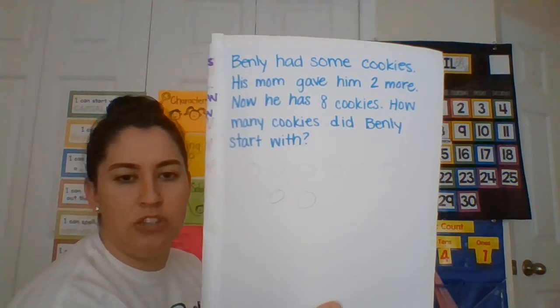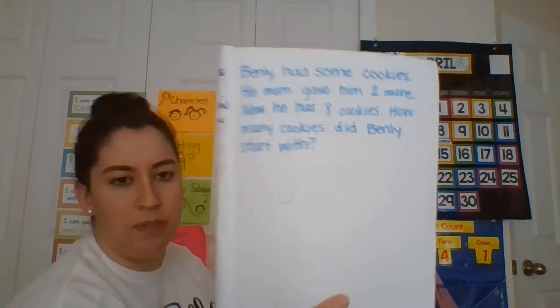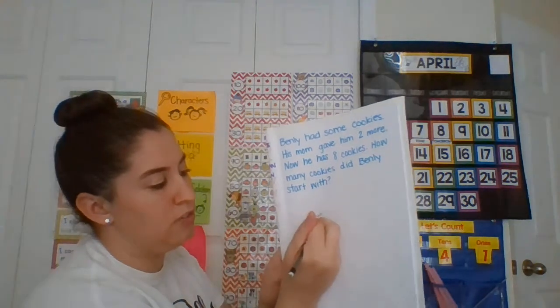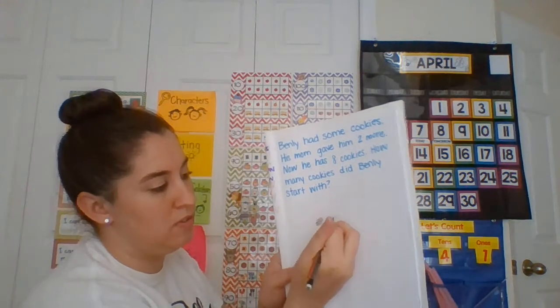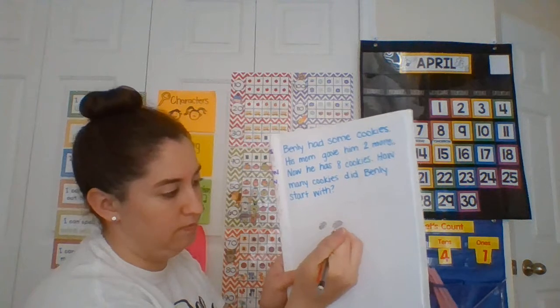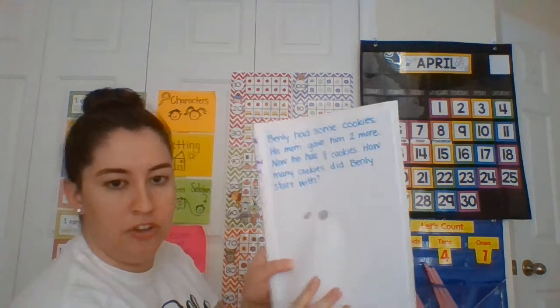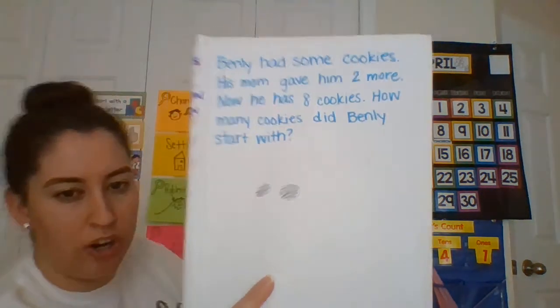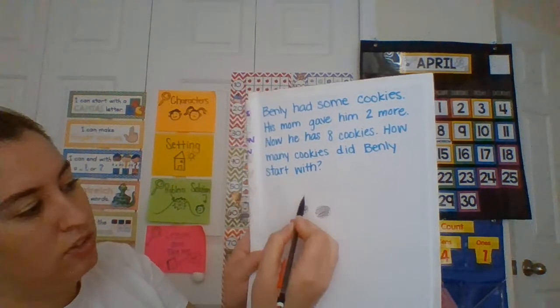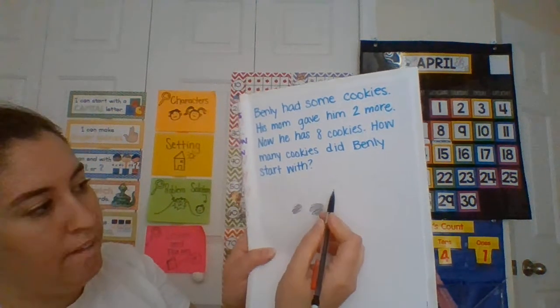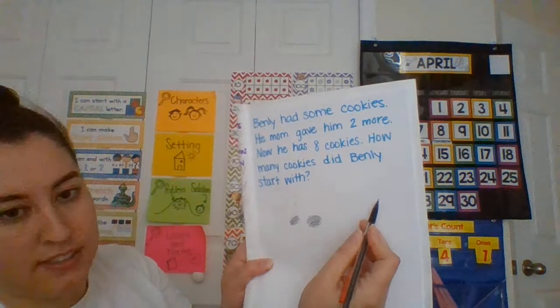We don't know how many he started with, but his mom gave him 2 of them. So I'm going to color in these 2. These are the ones from his mom. So how many did he start with? 1, 2, 3, 4, 5, 6. He started with 6 cookies.